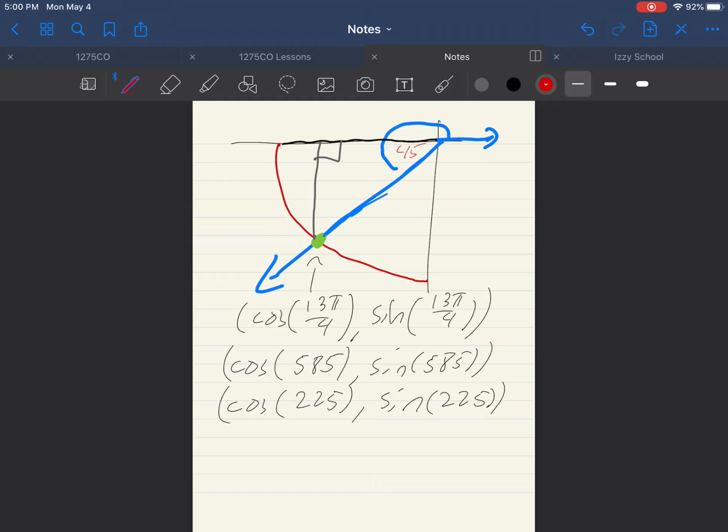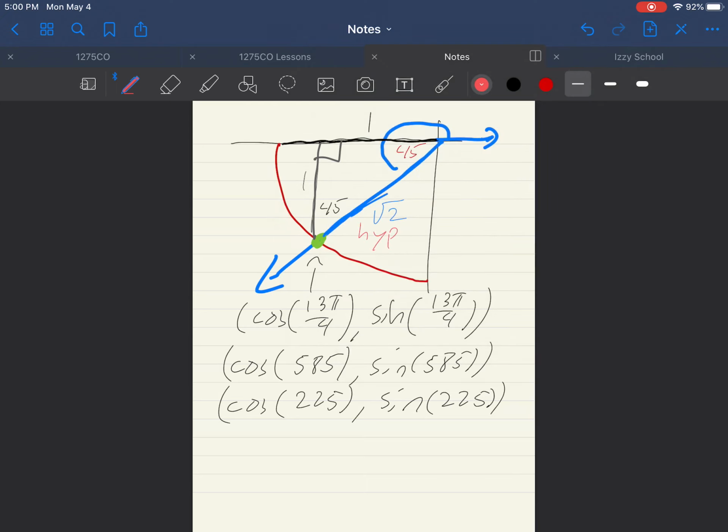This creates a 45, 45, 90 right triangle, which means that we can fill in the sides. The leg up here is 1, the leg down here is also 1, and the hypotenuse is equal to radical 2.